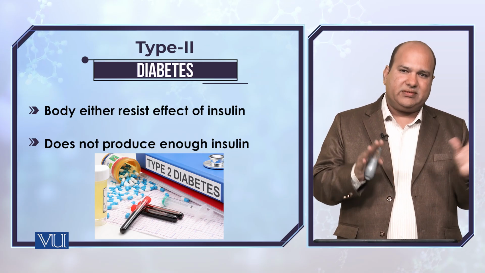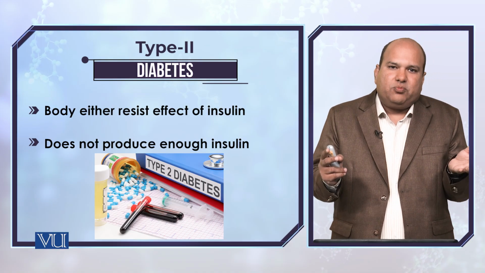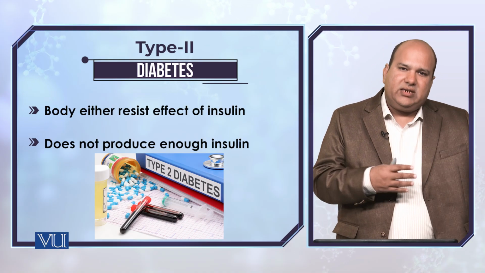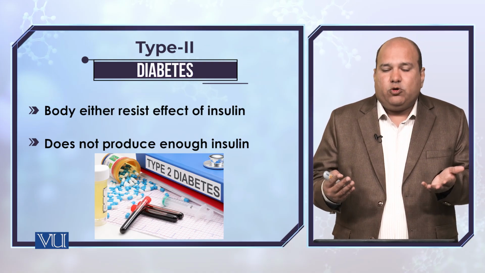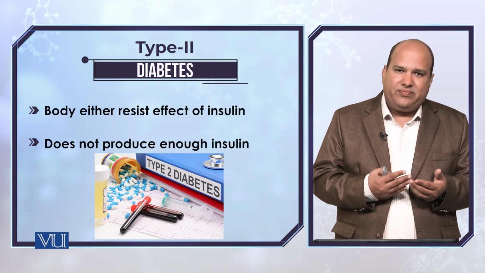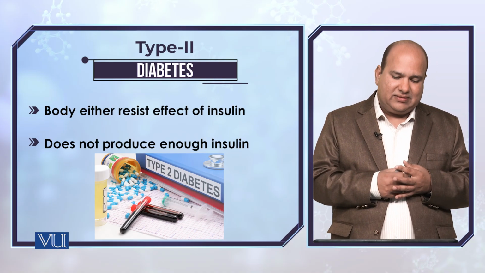But type 2 diabetes is not only different, it is more challenging also, because somehow insulin is being produced, but it is not being taken up or used by the cells, which means it will be more challenging to deal with this disease.